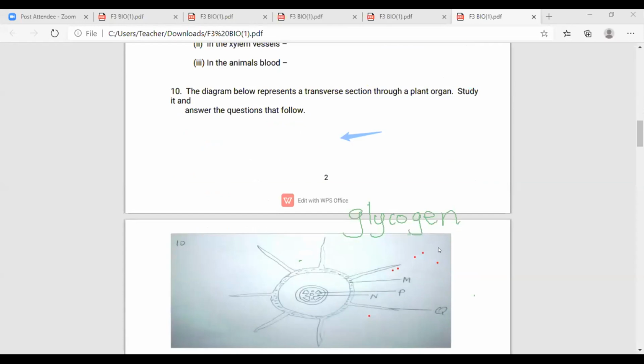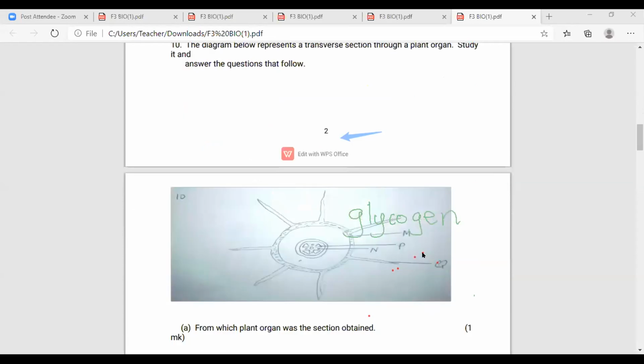So we have part M, part P, part N, and part Q. From which plant organ was the section obtained? The root. The root. Yes.